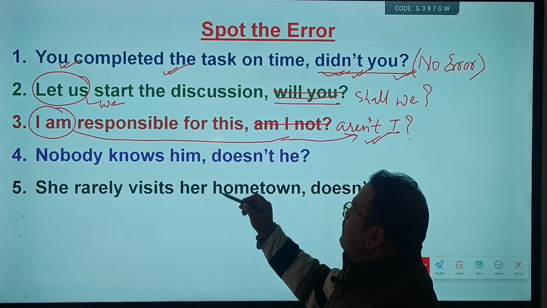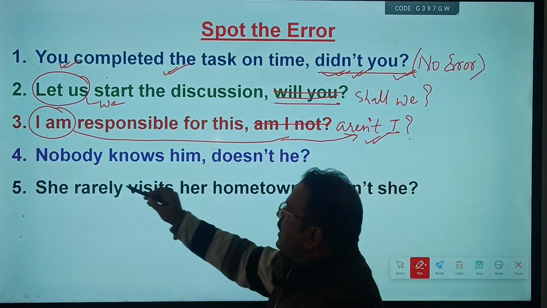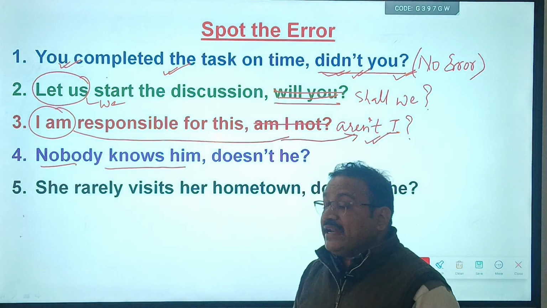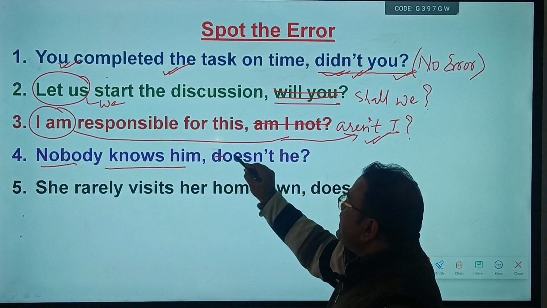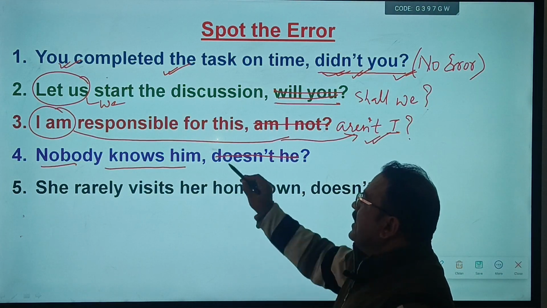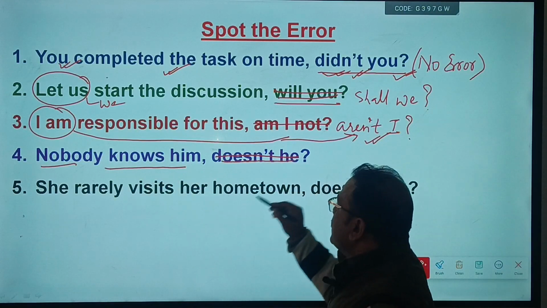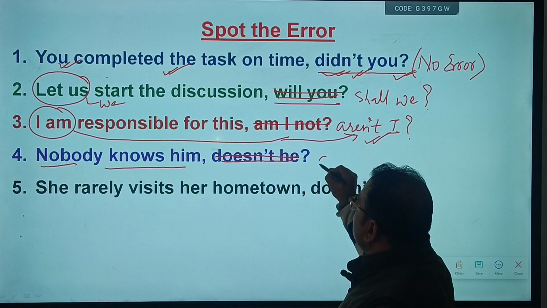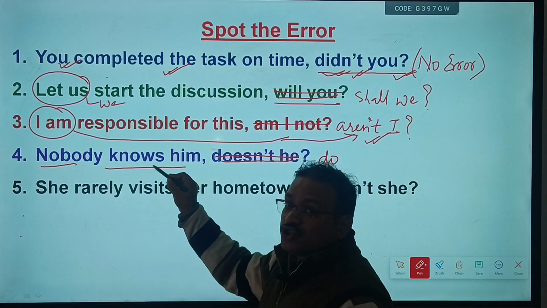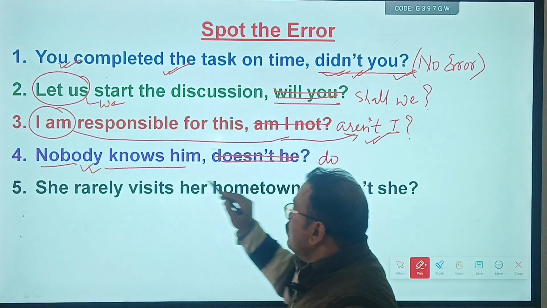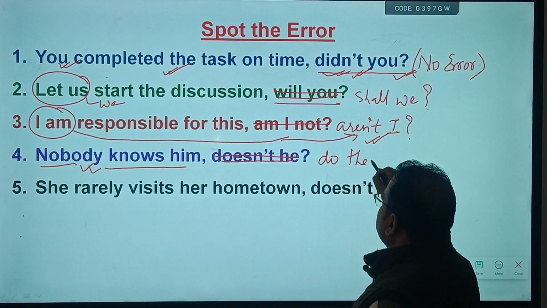Nobody knows him. Now, nobody is making this sentence what? Negative. So, a negative tag is not acceptable. Now, nobody knows him. So, do, because it is present simple, present indefinite, and for nobody we use what? They.